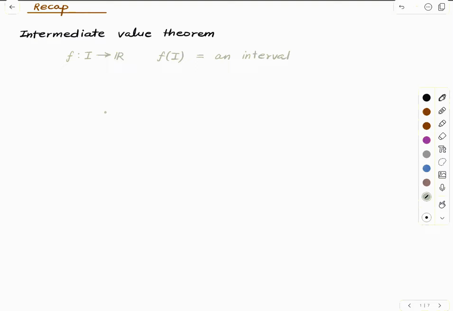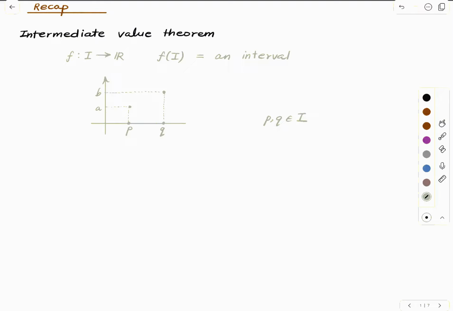Suppose we are trying to draw the graph of the function, and p and q are in the domain, meaning p and q are in the interval I, and the function takes, let's say, value a at the point p and the value b at the point q, then the function also assumes every value between a and b.